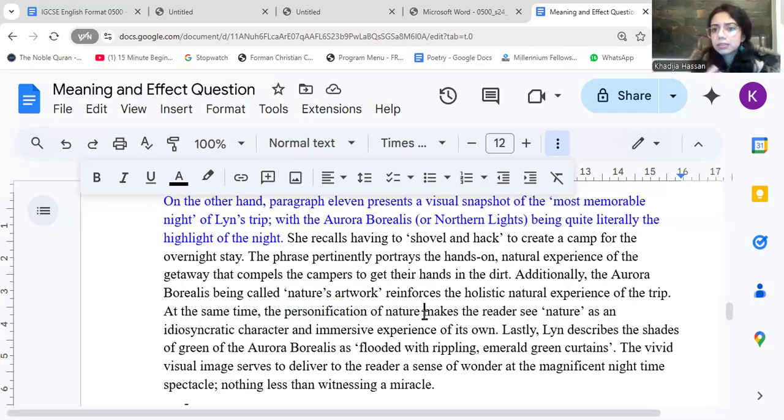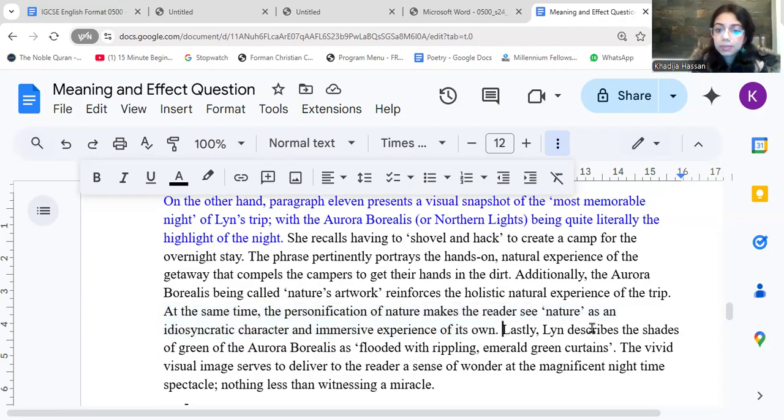But even an answer that has implicit meanings done well and explicit meanings done well, you're still going to get a decent mark for this. You don't have to use these devices. You're not expected to. It's a language paper, not a literature paper. But if you know of them, good for you. Makes a reader see nature as an idiosyncratic character, an immersive experience of its own. Again, implicit meaning, implicit development.